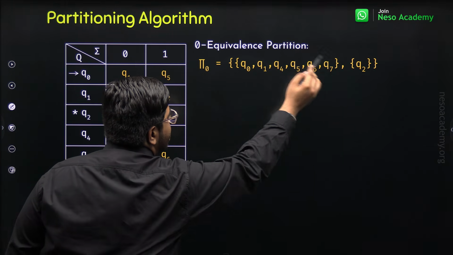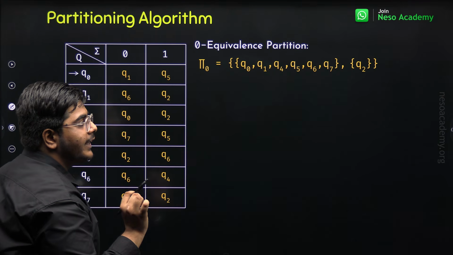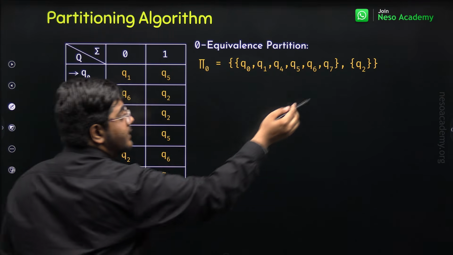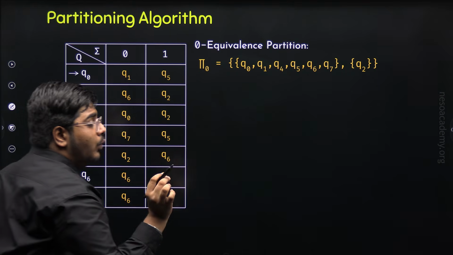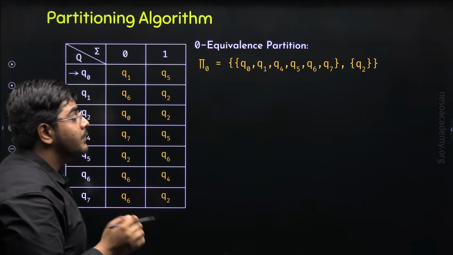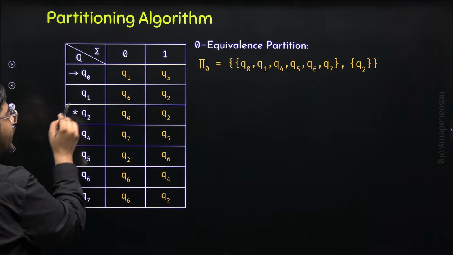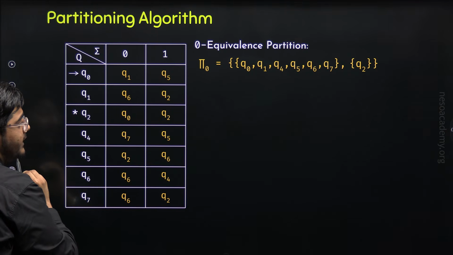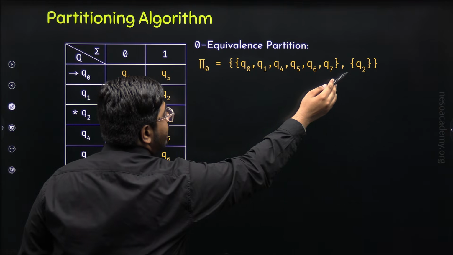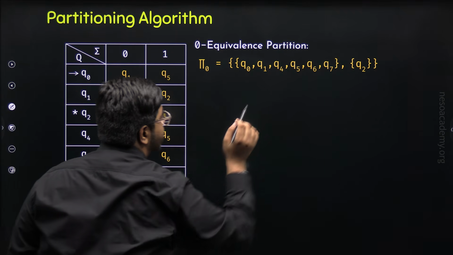The first partition is containing only the non-final states of this DFA, and the second partition is containing only the final state of this DFA. As you can clearly see, Q2 is the only final state of this DFA. So it has been placed under the different partition.